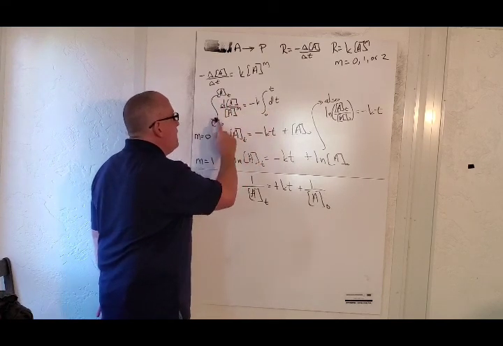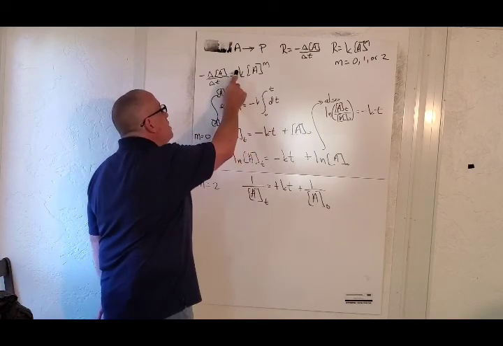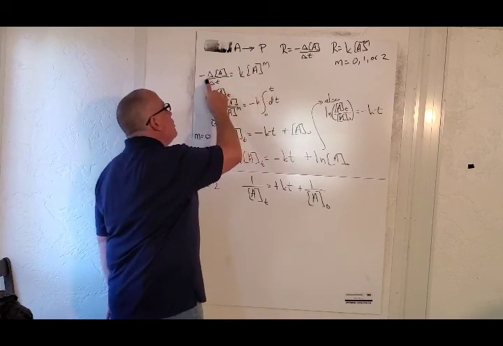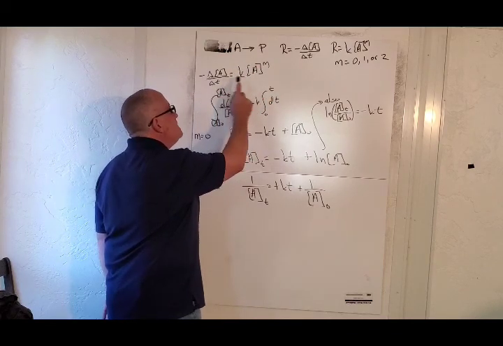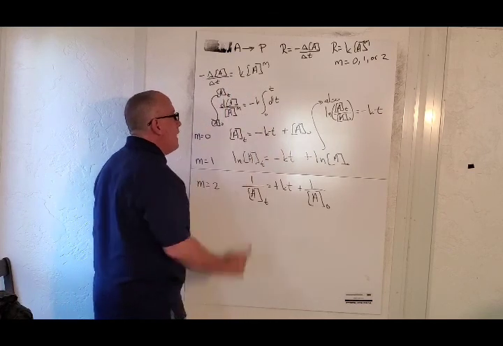If you ignore these integration signs, you can see that you can take this and turn it into this. Just bring this piece down under here, bring the delta T up over here, move the minus sign, and I get this.